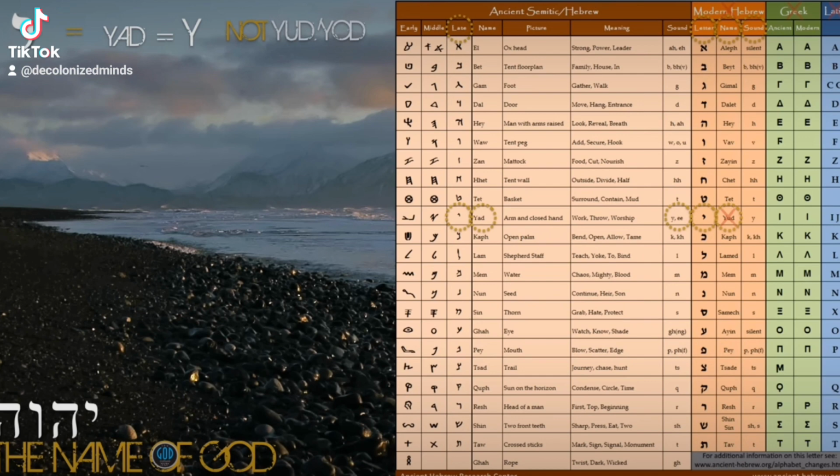So applying a J in any instance, no matter what it is, is inappropriate, and we will get to that. So no J applies in this name, period, ever.